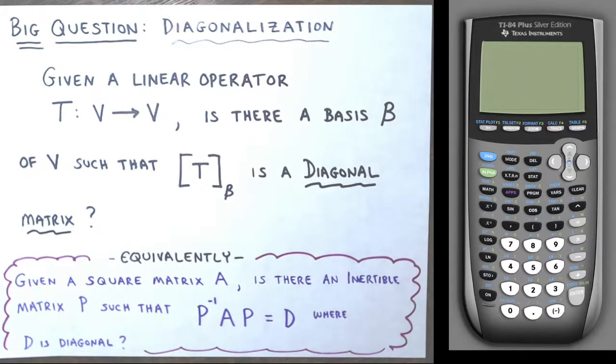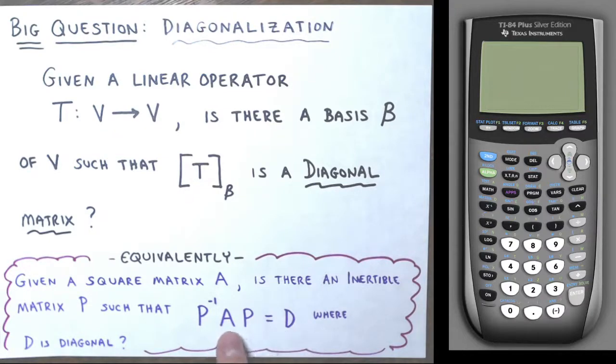So I'm going to get into the diagonalization question: when we can answer yes, when we can answer no, and then if the answer is yes, how do we find this matrix P such that P inverse times A times P equals a diagonal matrix?